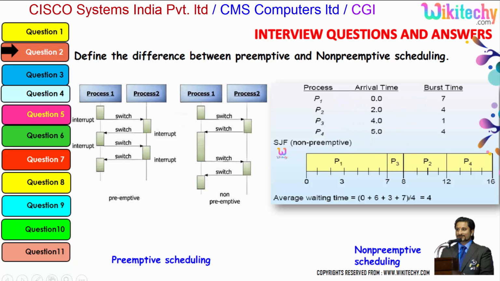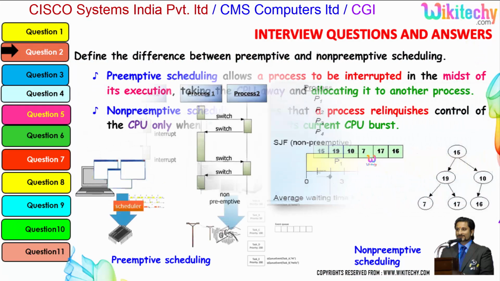Since it's shortest job first, P2, P3 and P4 are there. Which one is the shortest job? The one that is shortest and came before, itself waiting. So P3 will be executed, and afterwards P2 and P4 are both the same, but this one came first. So P2 is executed and then P4 is executed. This is how non-preemptive scheduling is.